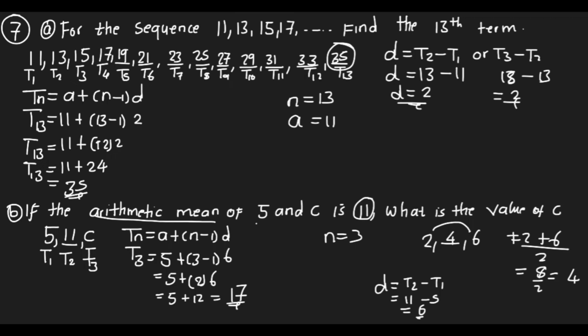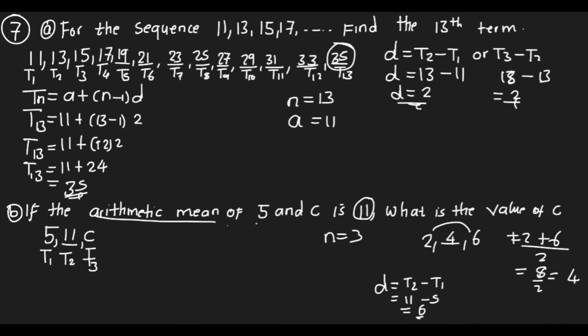Or if we want, we can also find the value of c by using the formula for arithmetic mean. Now we'll consider this one as the value of a. We have a, b, c. So the formula for arithmetic mean is equal to a plus c over 2.